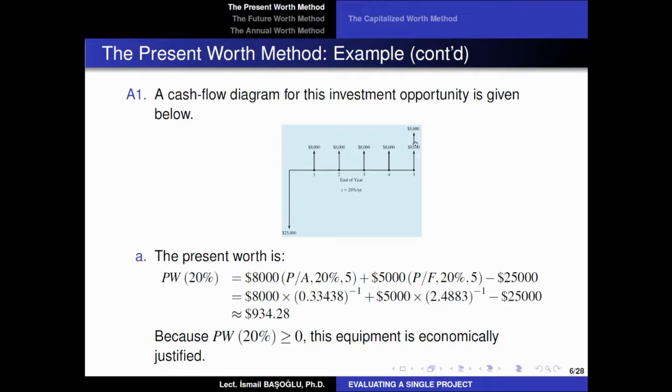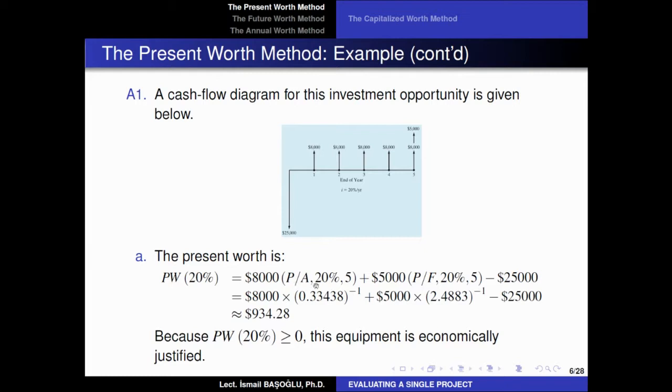And the final $5,000 here is going to be discounted to the present worth by multiplying it with the single payment present worth factor under a 20% interest rate for 5 years. And finally, we have a negative $25,000 here. However, because it is occurring at time 0, we do not multiply it with anything. We simply take it as negative $25,000 because it is already an amount that is paid in the present.